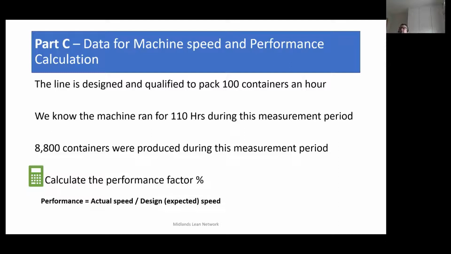Can you calculate the performance factor here? The performance factor is the actual speed divided by the designed or expected speed. So there's a bit of calculation in that. We're expecting 100 containers an hour over 110 hours, and we got 8,800. Can you work out what the performance of the machine was?